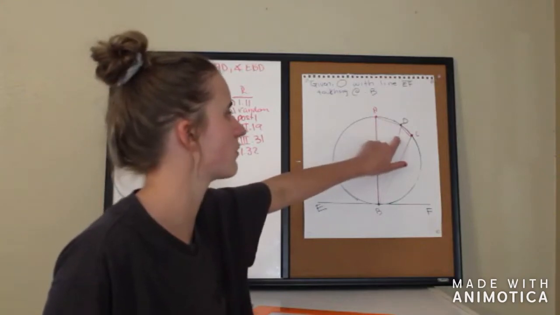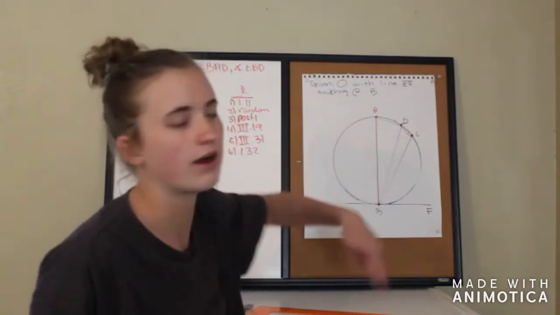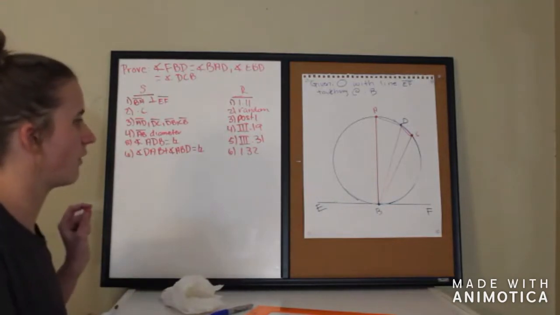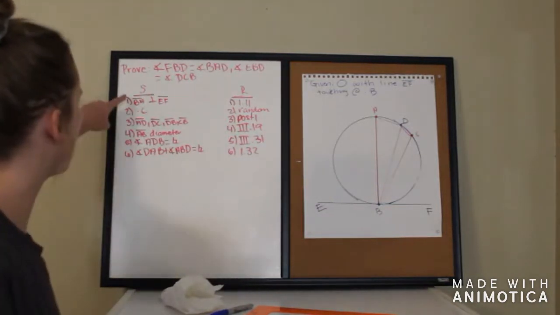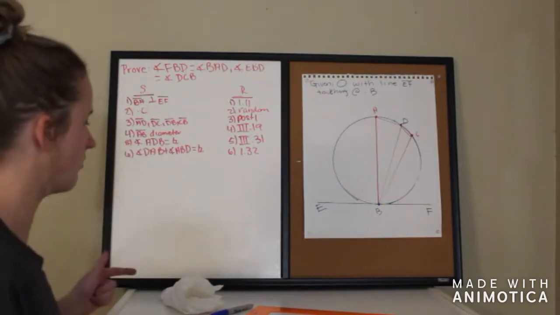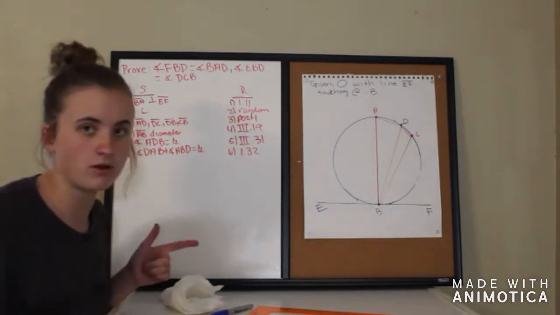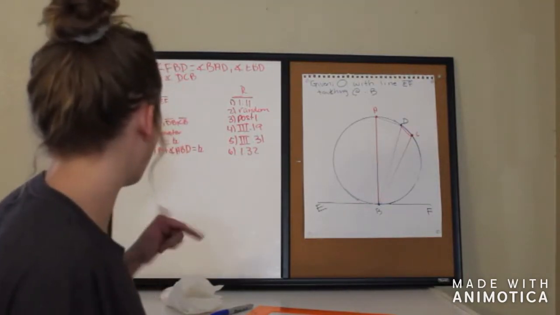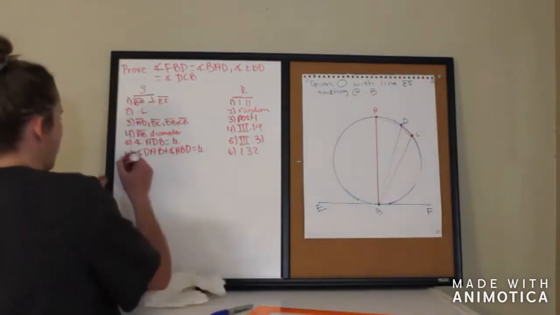And we know that this is a right angle, so therefore these two together have to add up to a right angle. Since we know that, we now are going to use step 1 and say that ABF is a right angle. And since ABF is a right angle, that means that angle ABF is equal to these two angles added together.